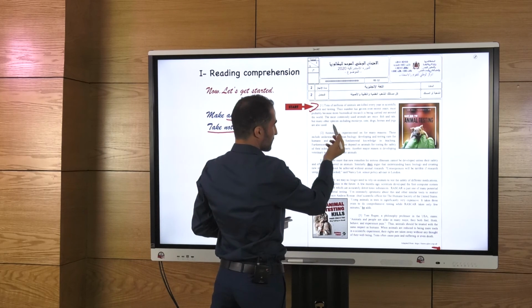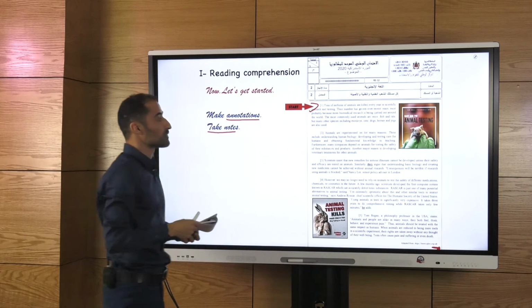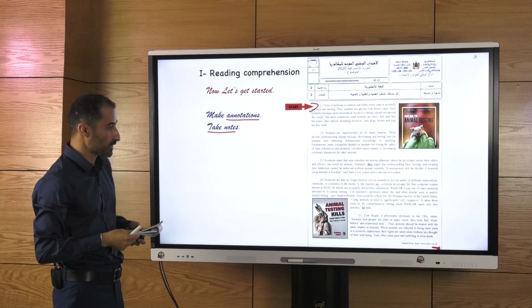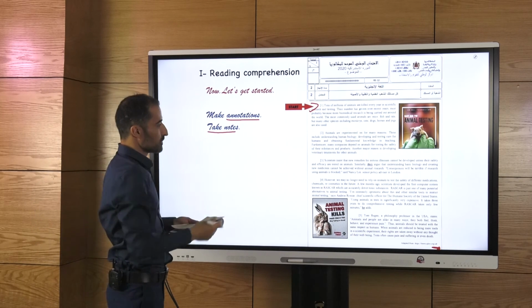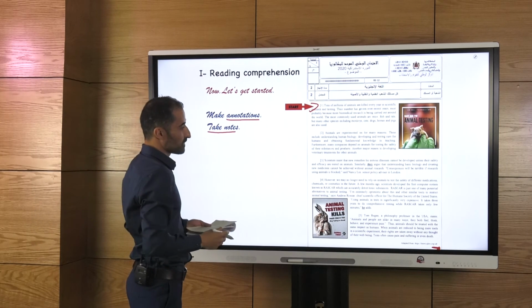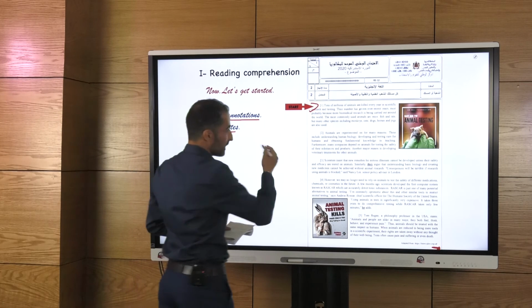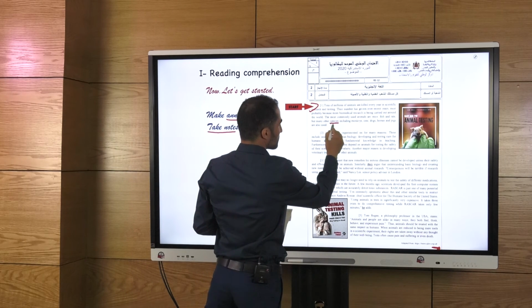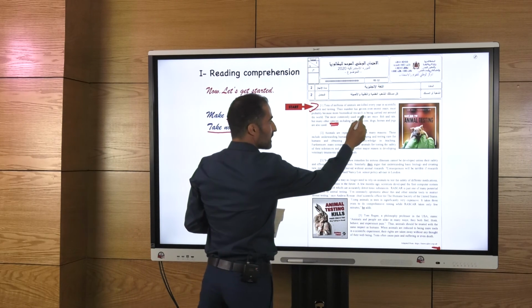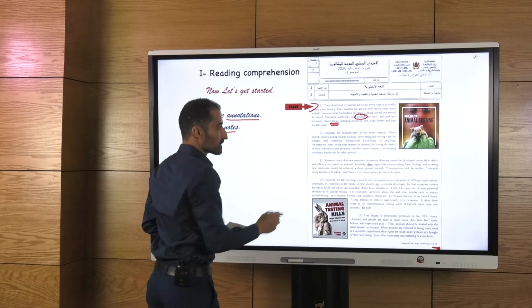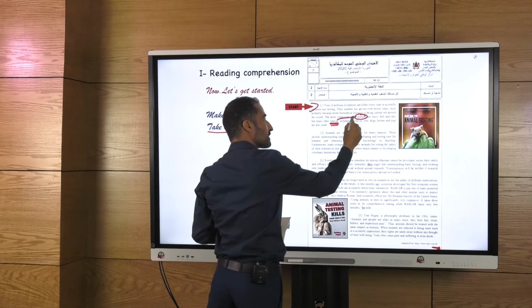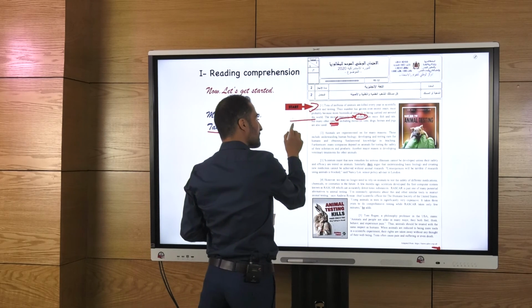If you come across a difficult word, as I told you, you are not supposed to know all the words, but you can use some techniques to decipher the meaning of some difficult words. For example, here, if we come across species, here we have animals, so we can make a kind of relationship between species and animals.